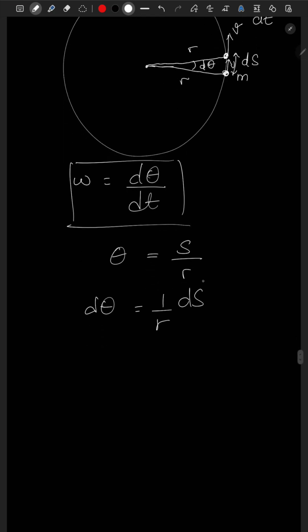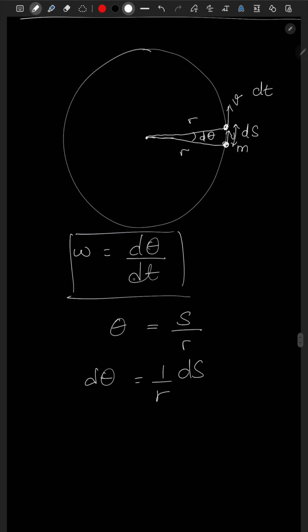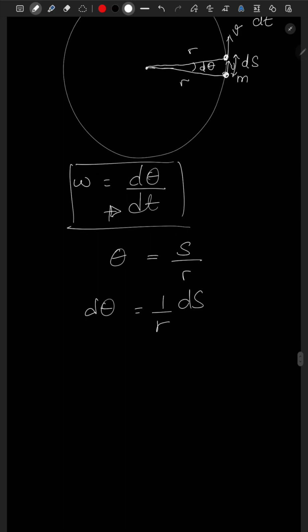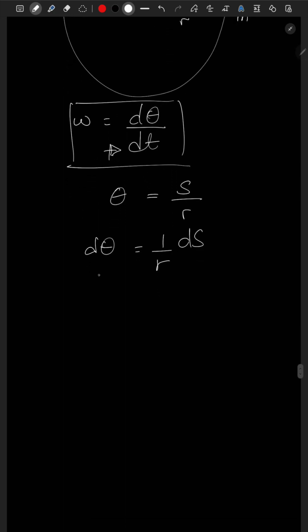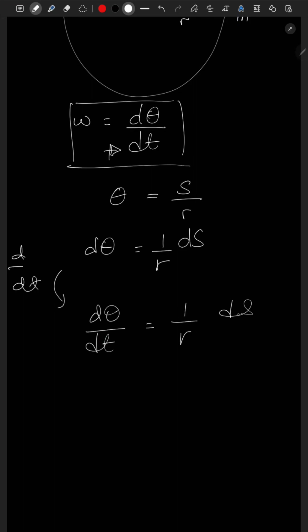So now if I differentiate with respect to time, I will get the angular velocity. So let's differentiate both with respect to time. d theta by dt is equal to ds divided by dt. This r is a constant, I can put it outside.